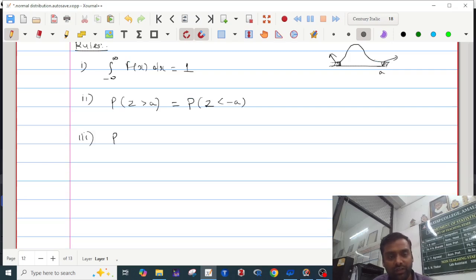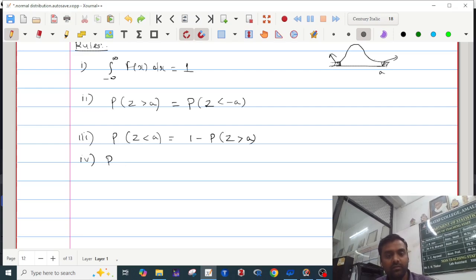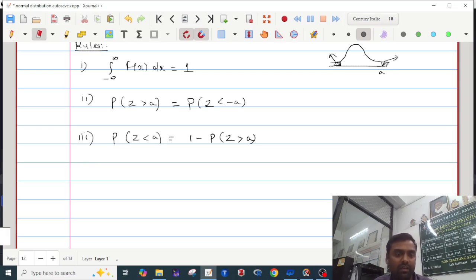Suppose someone wants to find the probability of Z less than a. He will obtain this probability by solving 1 minus probability of Z greater than a. We only have to follow these 2-3 rules.